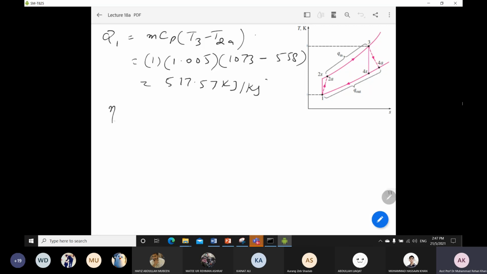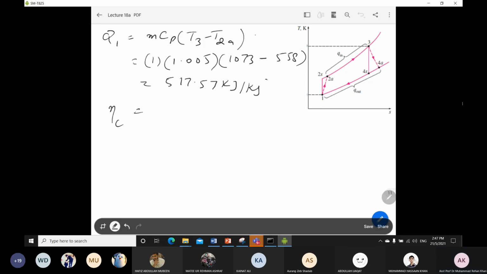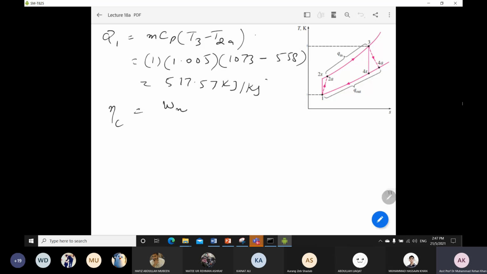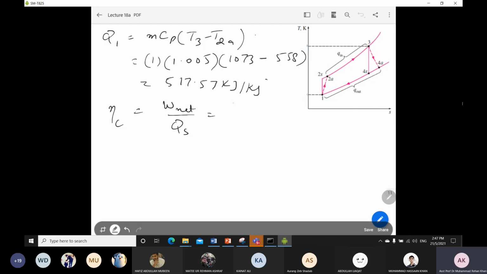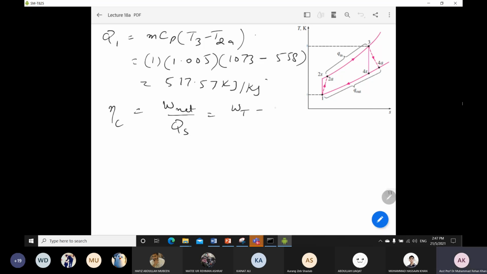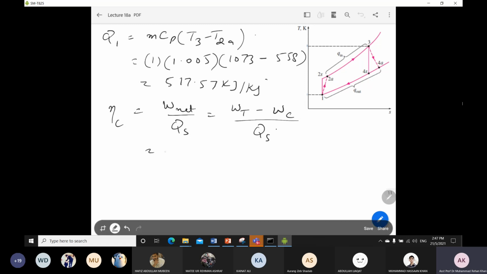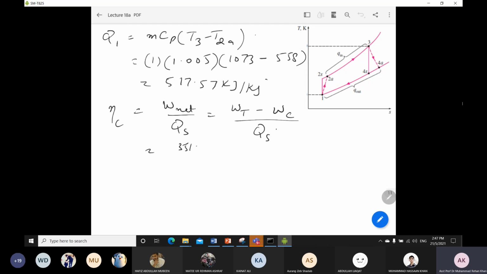Now the cycle efficiency is left. For cycle efficiency we can say W net over Q supplied, where Q supplied is basically Q in. W net is equal to W turbine minus W compressor, over Q supplied. W turbine is known to us from the previous part, which is 351.6.